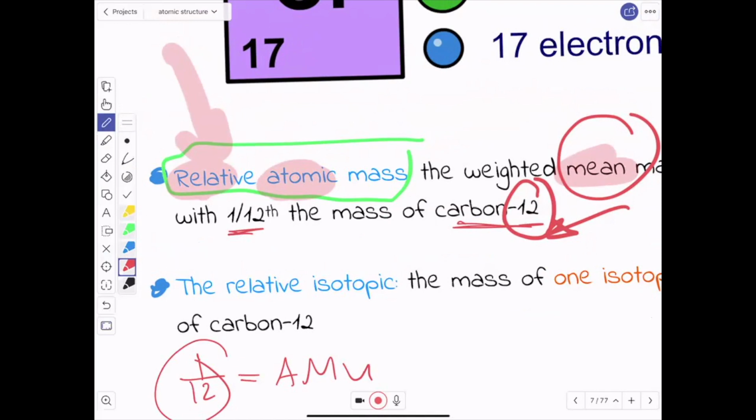So for instance, when I say chlorine is 35.5, what is the unit for this 35.5? The unit is atomic mass unit. What's an atomic mass unit? It's 1/12 of carbon 12. What does the 12 here stand for? This is the mass of the most abundant form of carbon.